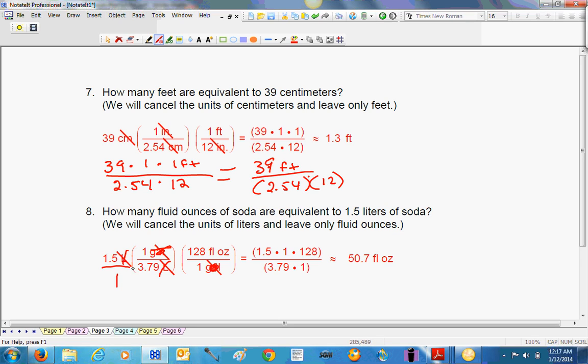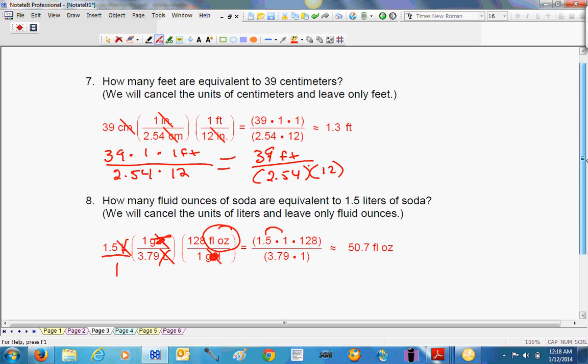The only thing that we have left now is 1.5 times 1, which is here and here. 1.5 times 1 times 128, but the fluid ounces remain. Okay, so now on the bottom we're having 1 times 3.79 times 1. There are no units. The only units left is fluid ounces, and we multiply and simplify, and we get 50.7 fluid ounces.